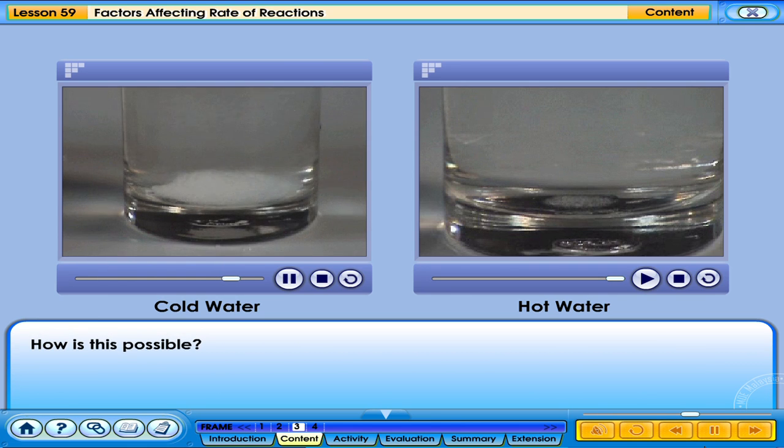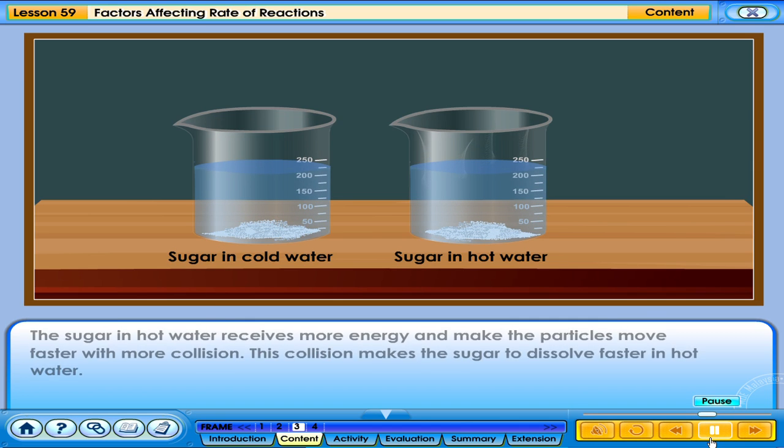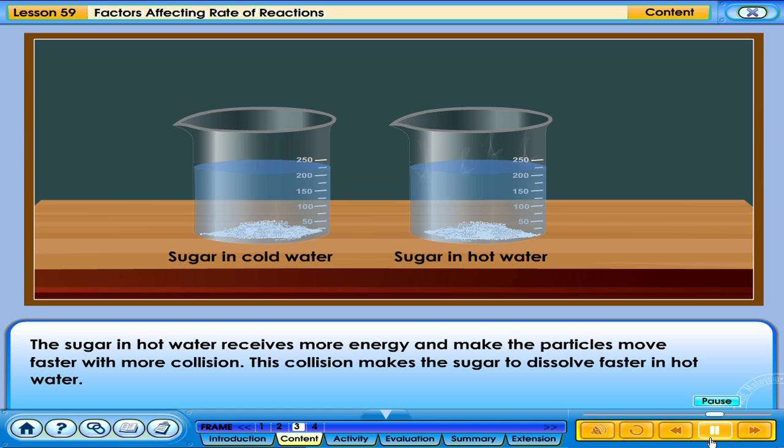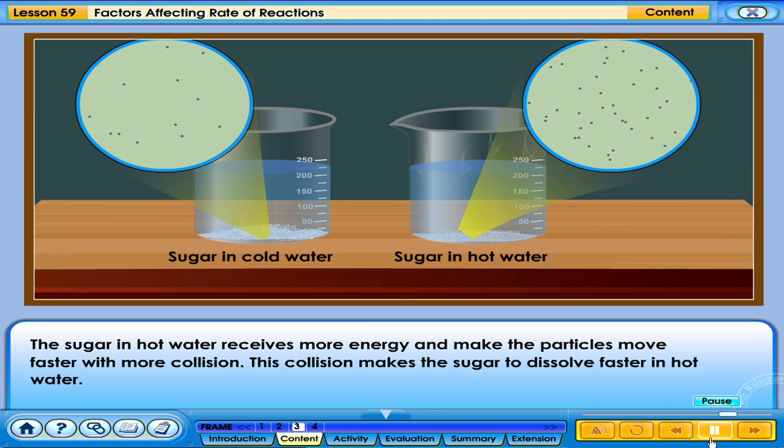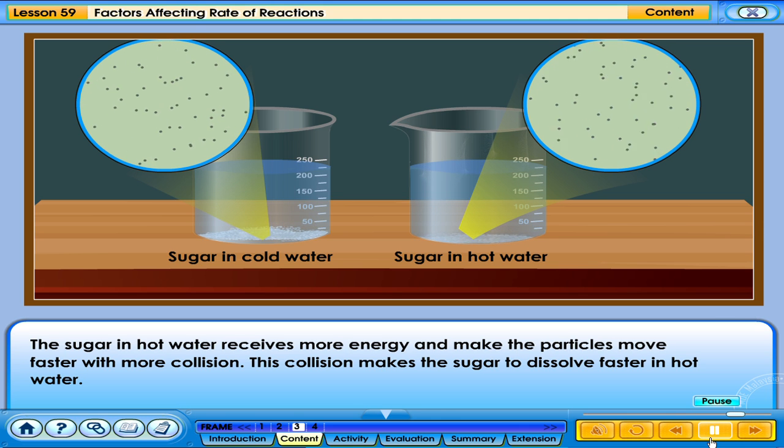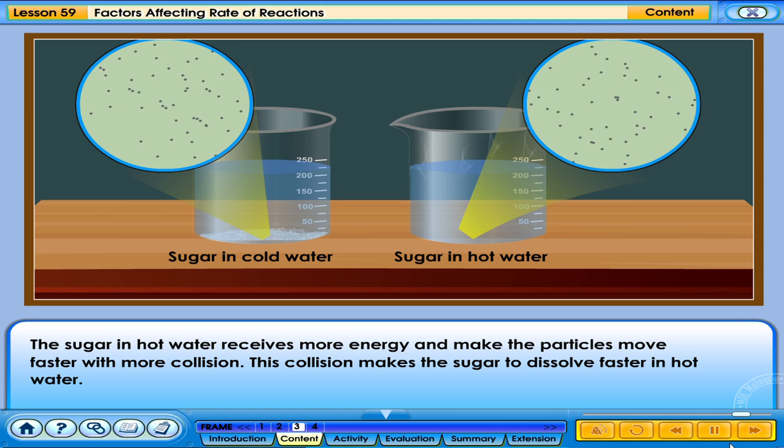How is this possible? The sugar in hot water receives more energy and makes the particles move faster with more collisions. This collision makes the sugar dissolve faster in hot water.